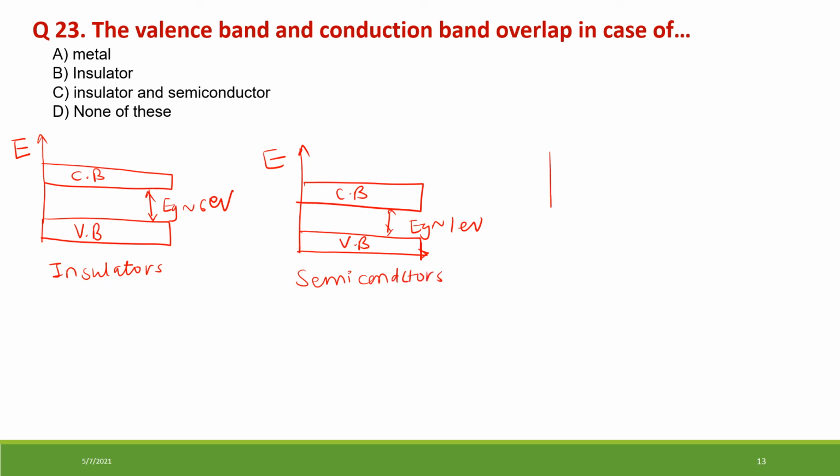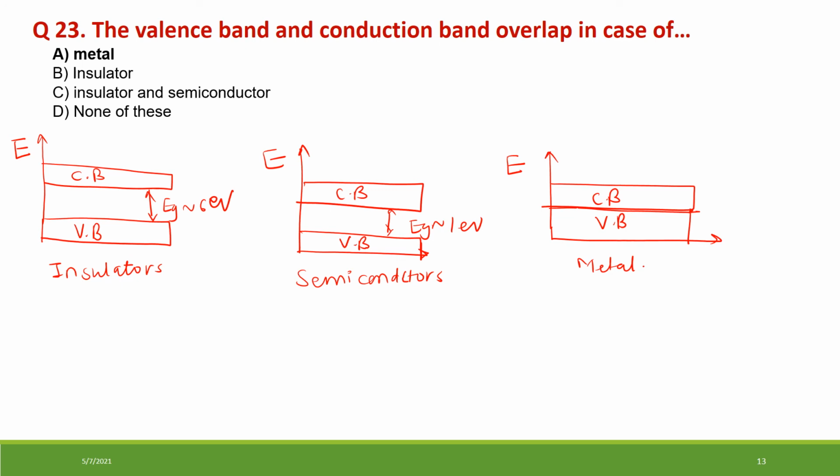And when this energy gap between conduction band and the valence band is 0, that is both overlap each other, we can say that these are the metals. So from this we can say that when the valence band and the conduction band are overlapped, then these are the metals. So the correct option is A, metals.